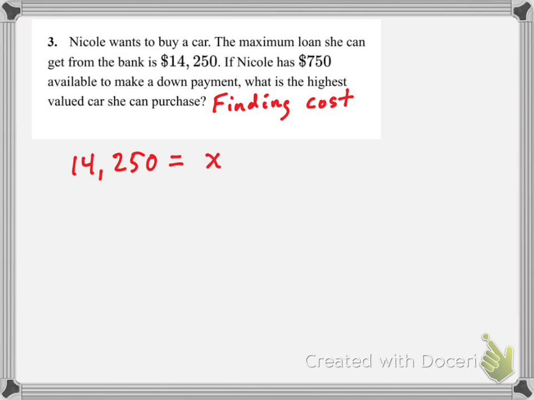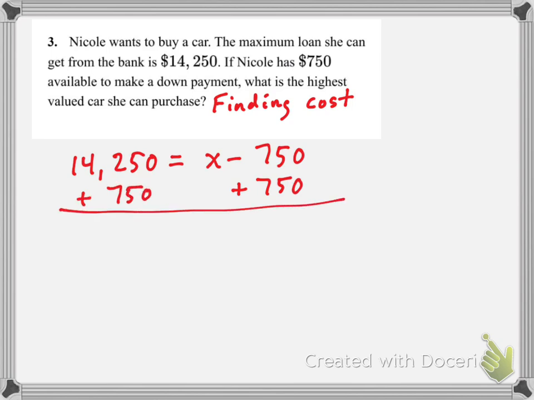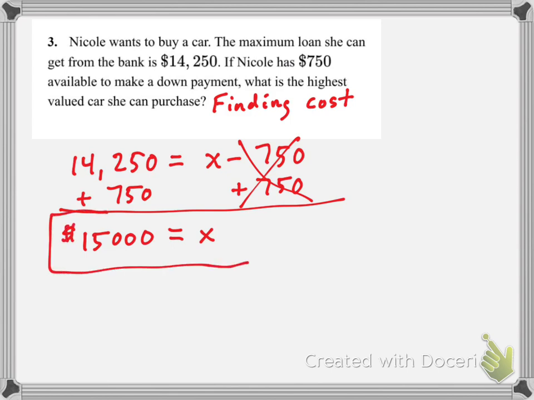We don't know the cost of the car, but she can put down $750. Okay? Well, add $750 to both sides. Well, that works out nice. Okay? So, she can get a car for $15,000.